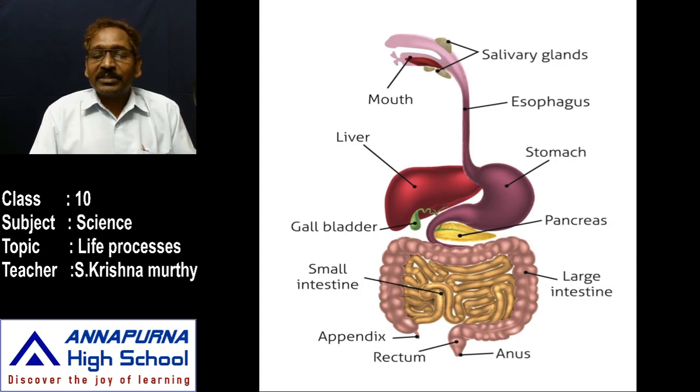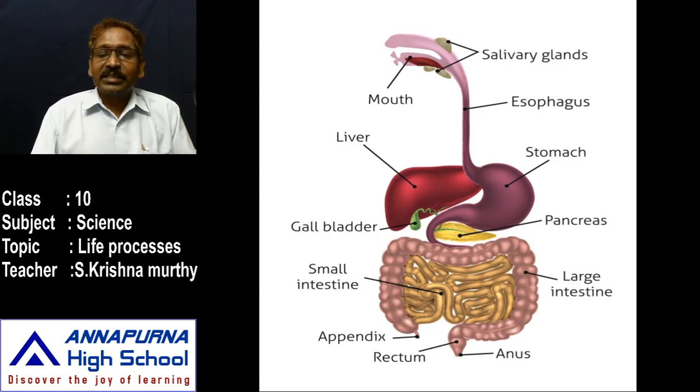Let us observe the small intestine. The small intestine contains finger-like projections called villi. Villi have a number of blood vessels to absorb the digested food from the small intestine, because most of the food material is digested in the small intestine only.